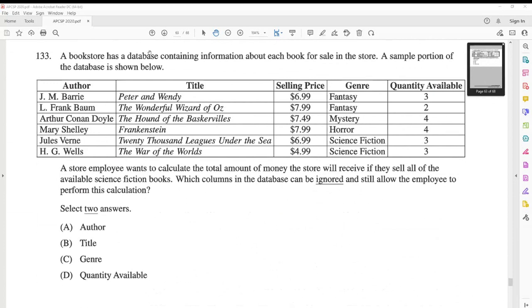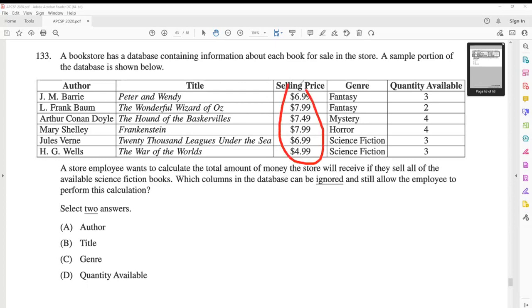Okay, number 133, we have a pick 2 problem. Here we have title, book, price, genre, and quantity available. The store employee wants to calculate the total amount the store receives if they sell all of the available fiction books.